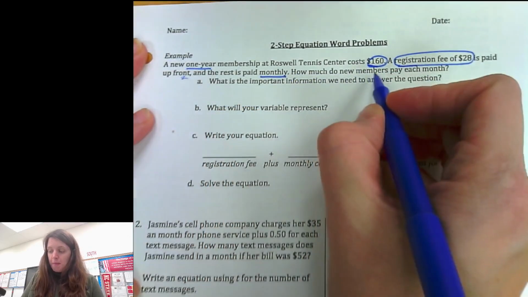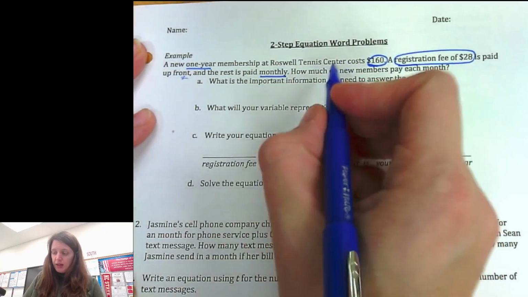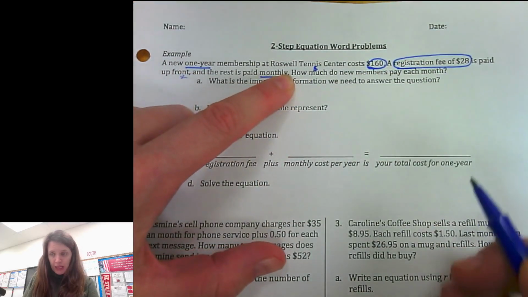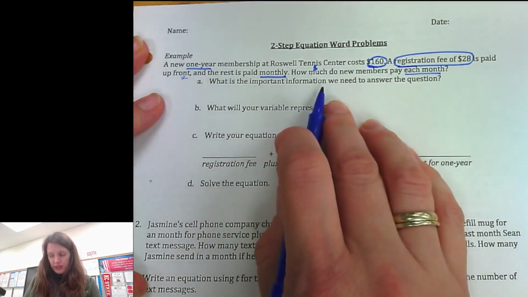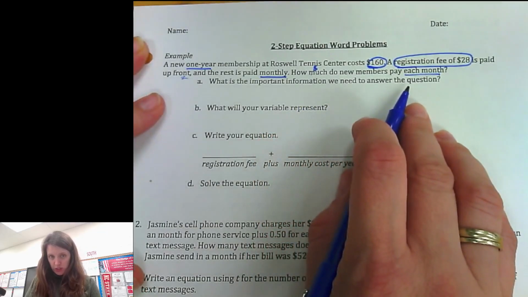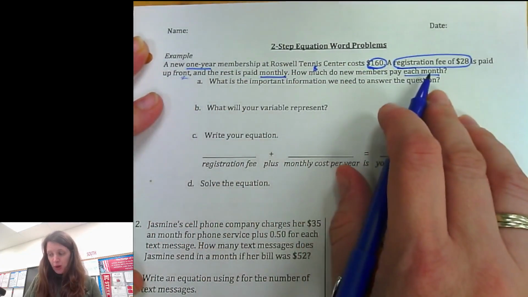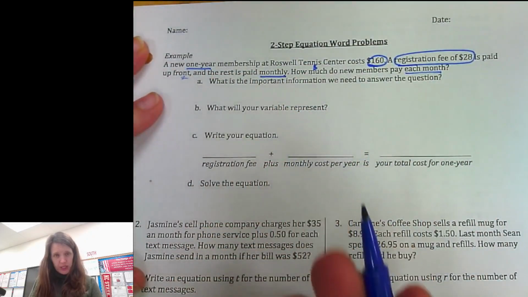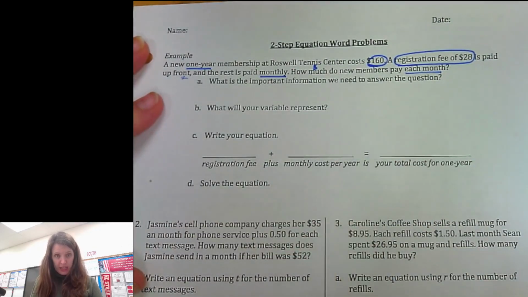How much do the members pay each month? Well, we need to think about what it's looking for. How much means how much money. So we're looking for an amount of money that we're paying each month. What is an important piece of information that we need to answer this question? Whenever we see a problem that's talking about months and 1 year, we need to think about how many months there are in 1 year.